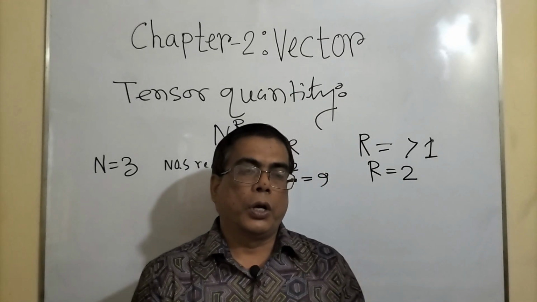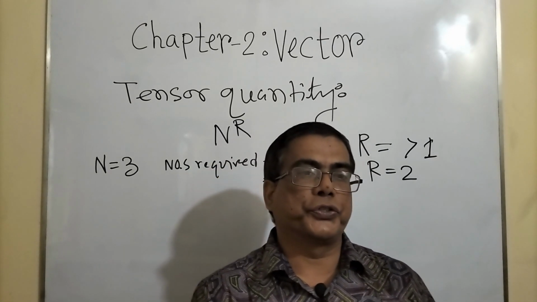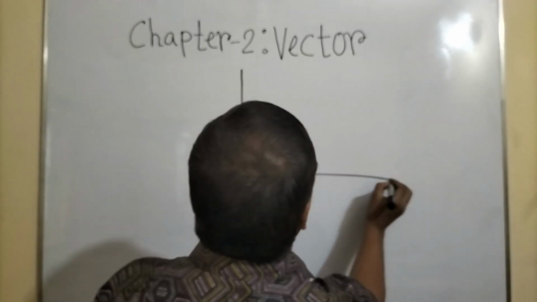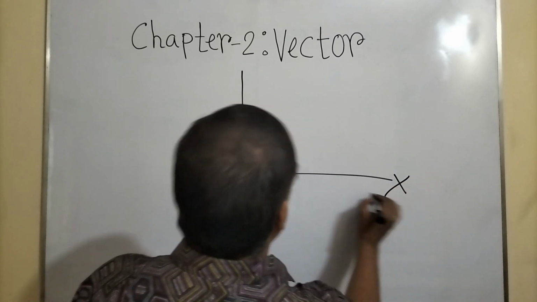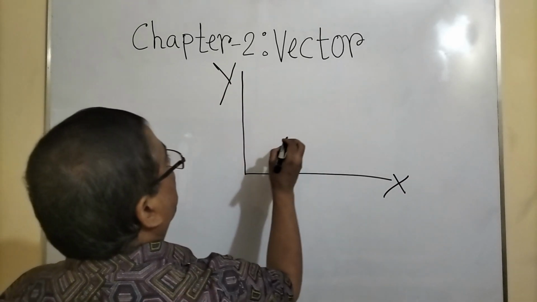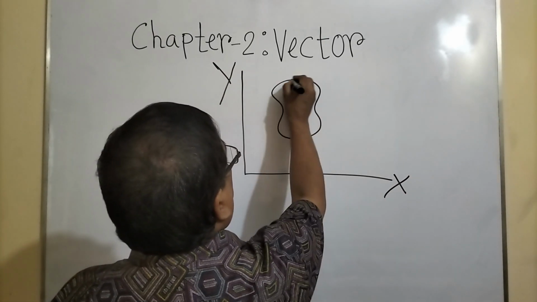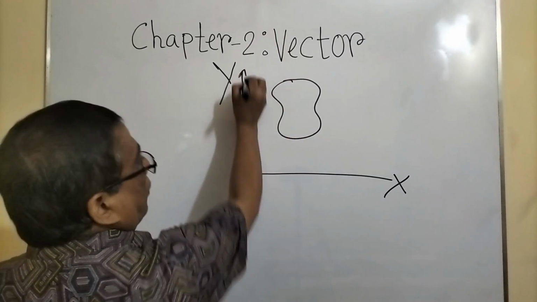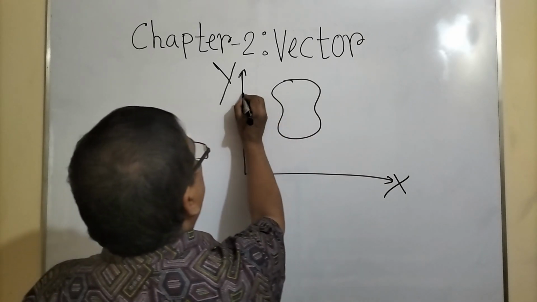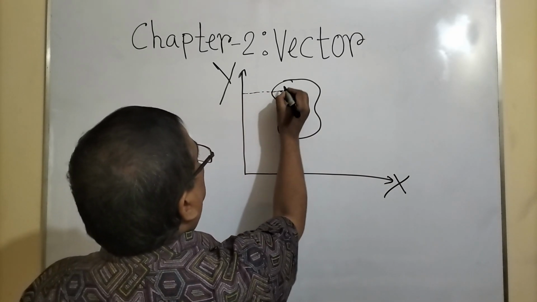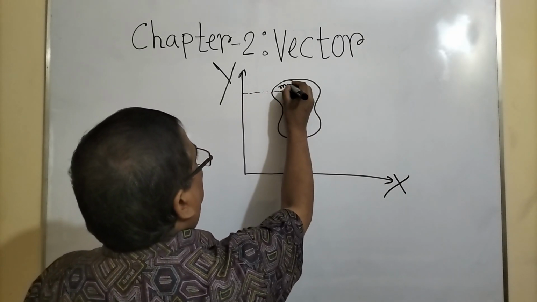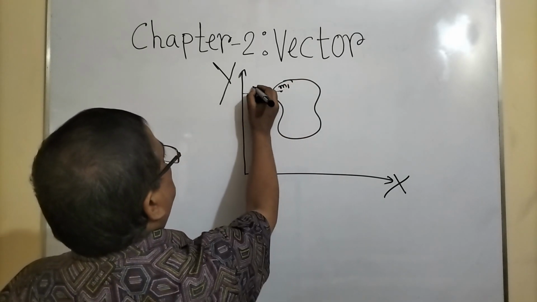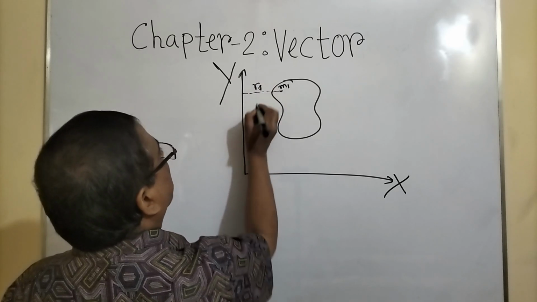Now we see why moment of inertia is a tensor quantity. This is the x-axis, this is the y-axis. There is an object in this plane. The distance of m1 particle from the y-axis is r1.